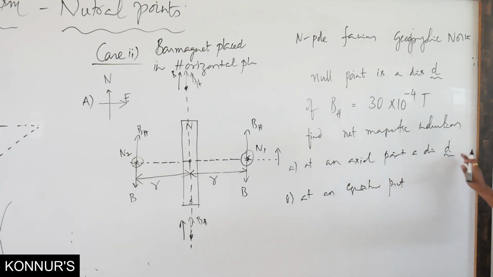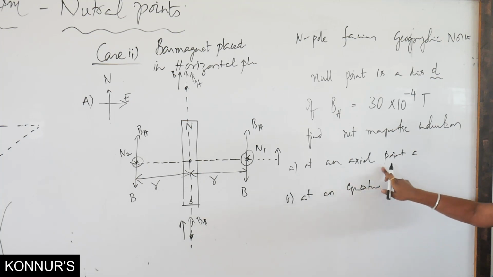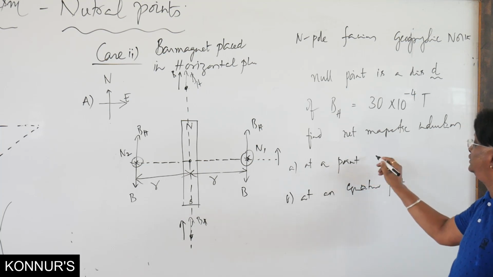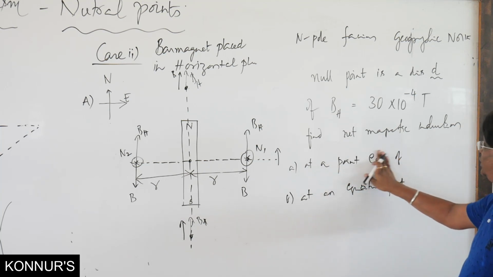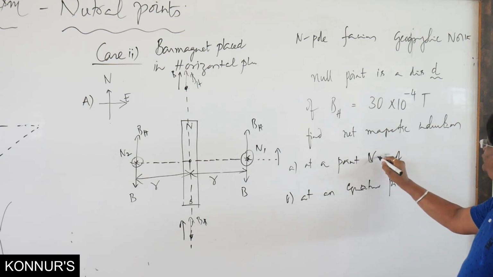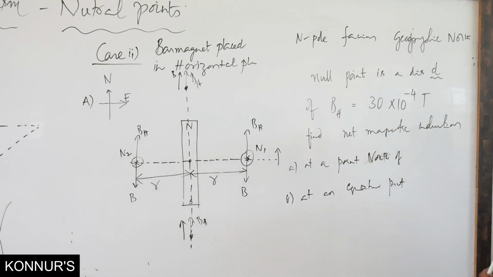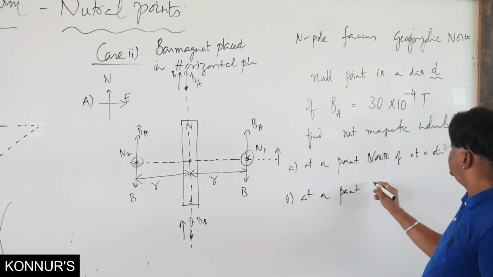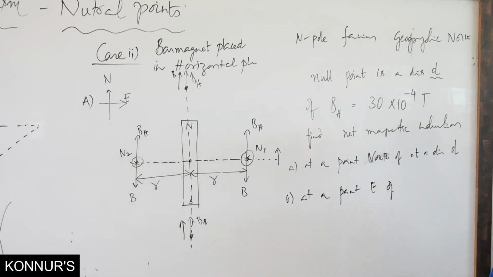Instead of saying axial point also, at a point north of the magnet at a distance d. Another one, at a point east of the magnet at a distance, this time I would like to change that to 2D.